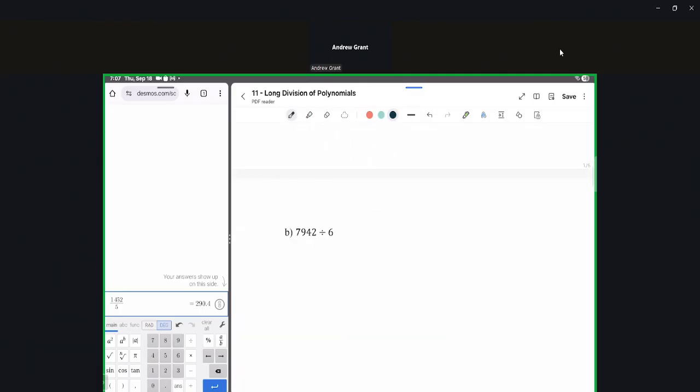So next one here, we have 7,942 divided by 6. Okay, fair enough. So we want to take 6 and see how many times it divides into 7,942. Okay, so first question is, how many times does 6 go into 7? The answer is once.